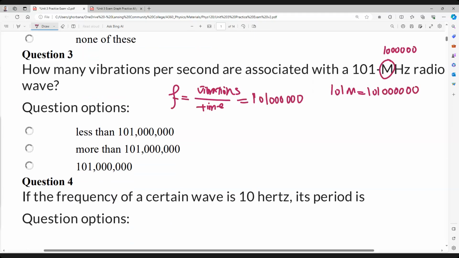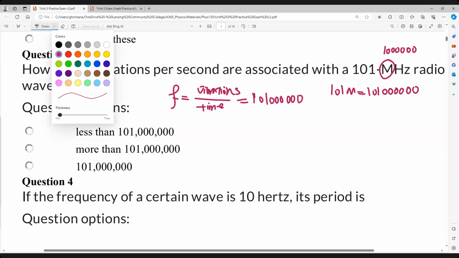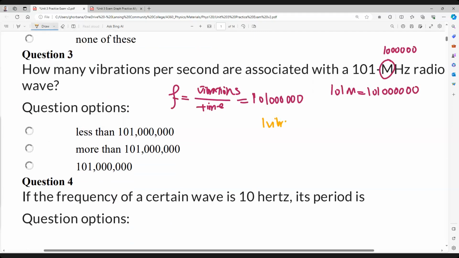Or we can say it in a different form as well. Let me just use a different color. We can say we have 1 vibration over 101 million seconds. This is exactly the same as 101 million vibrations over 1 second.